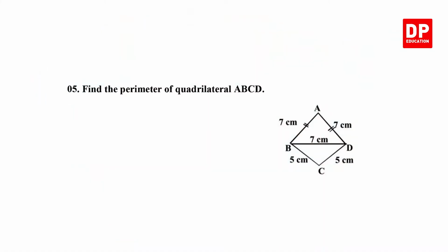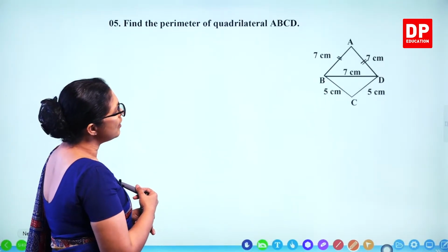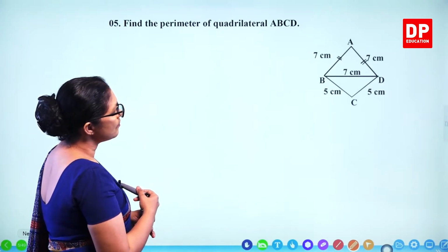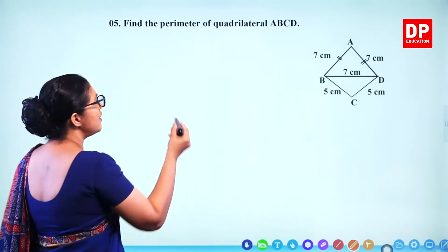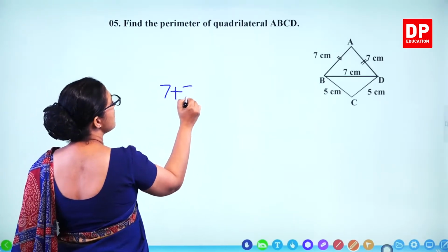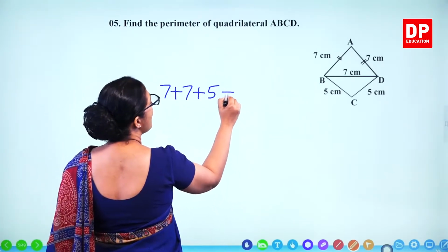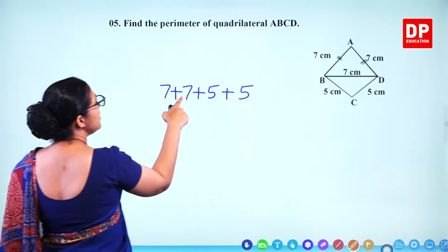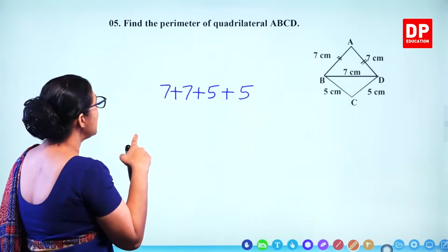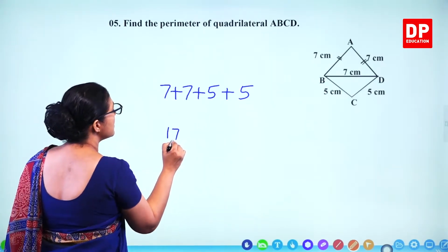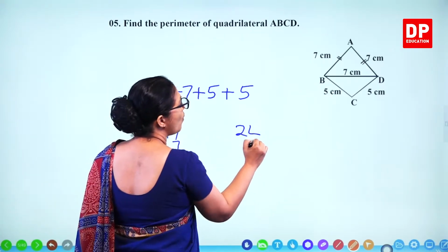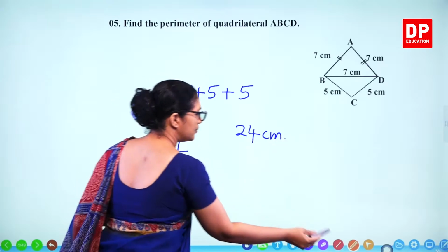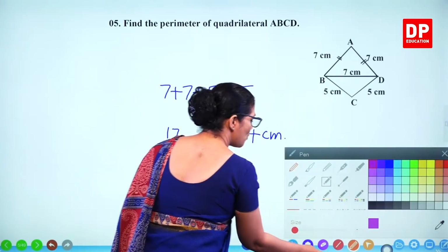Question number 5. Find the perimeter of quadrilateral ABCD. The outer lengths are 7, 7, 5, 5. Just add those numbers. 7 plus 7 plus 5 plus 5. 10, 10 plus 7, 17, 17 plus 7, 24 centimeters. So 2 marks for that.